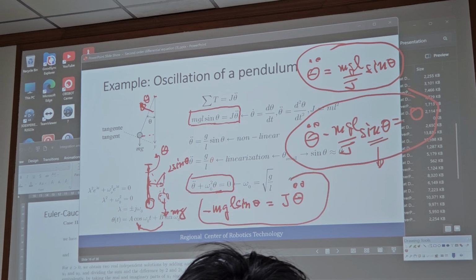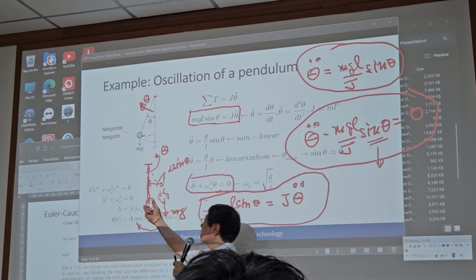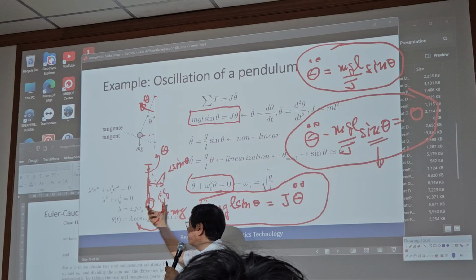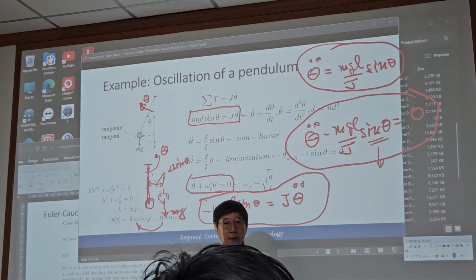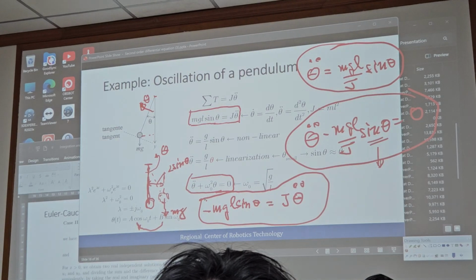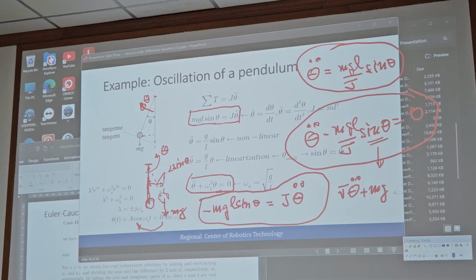So you have this one instead. You put theta plus here. So in this case, you have J theta double dot plus mg L sine theta equal to 0.